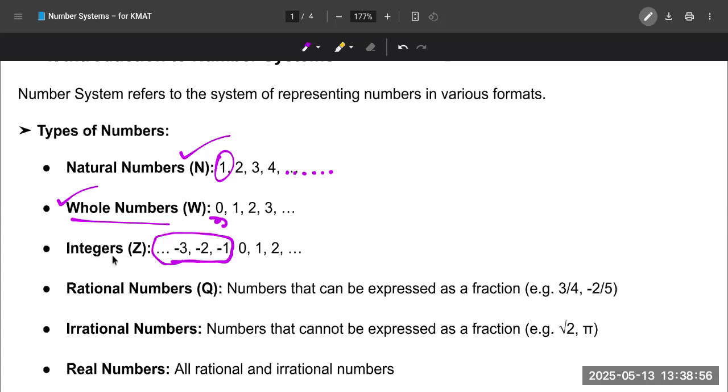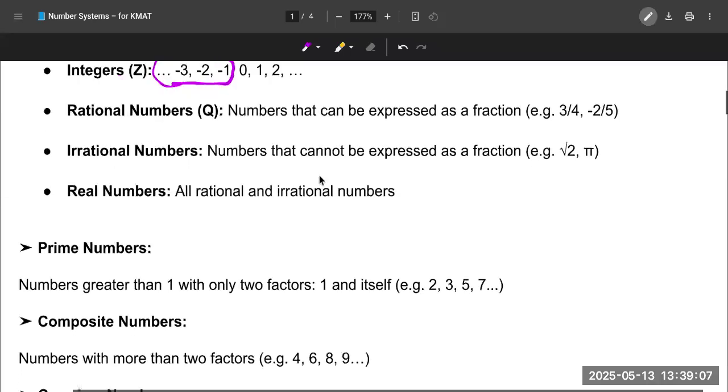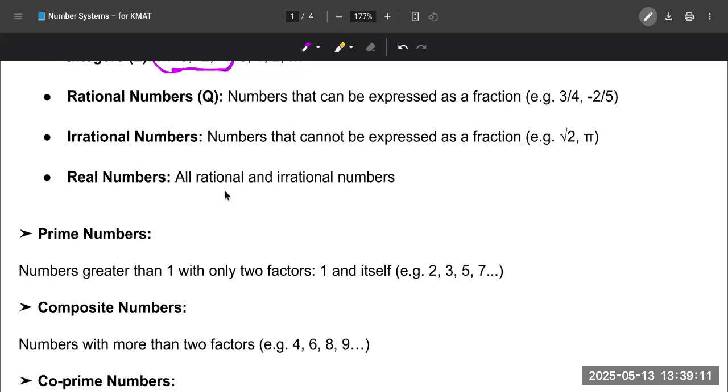I think these things you have learned in 8th, 9th, 10th, and you study maths till 12th. These will be really basics. And we have rational numbers and numbers which are not fractions. They are irrational numbers because the decimal doesn't end.